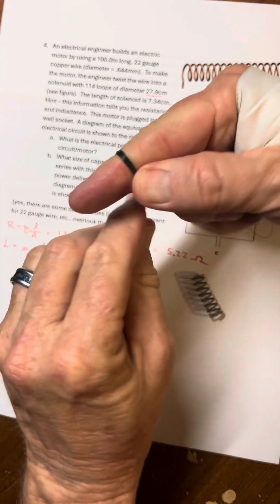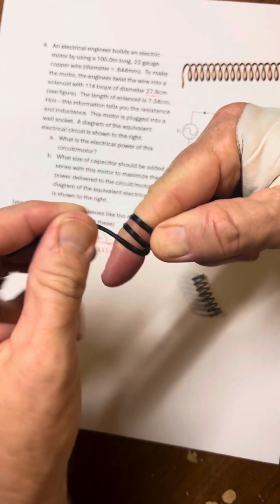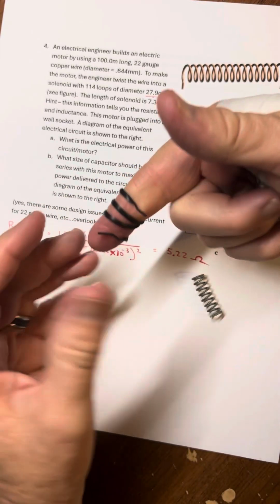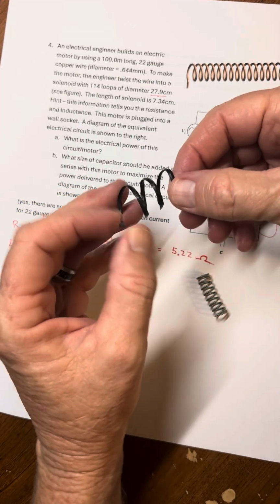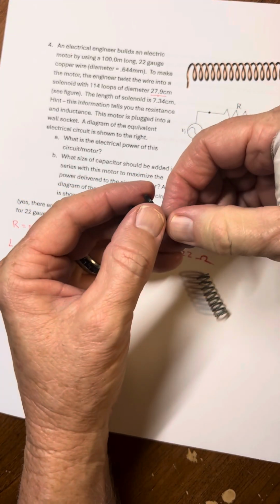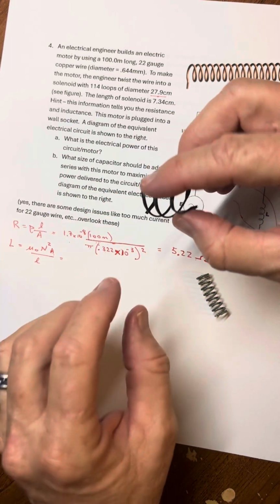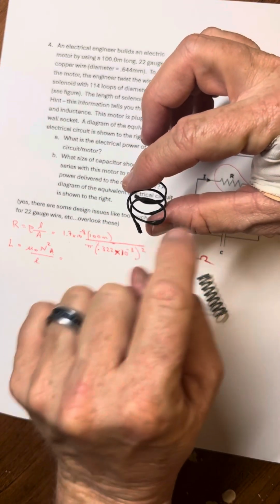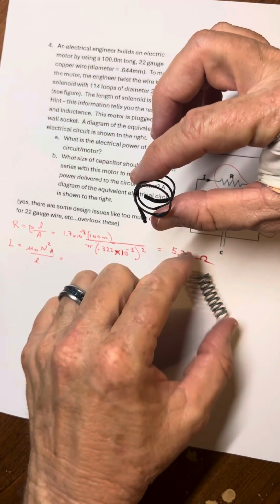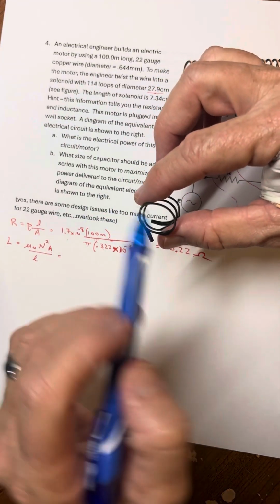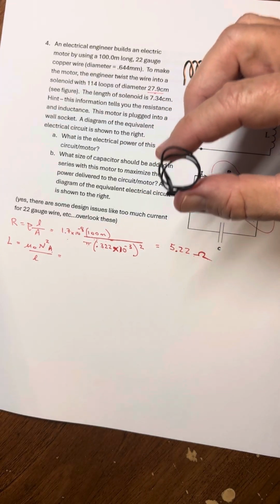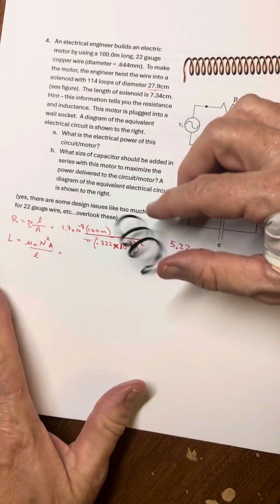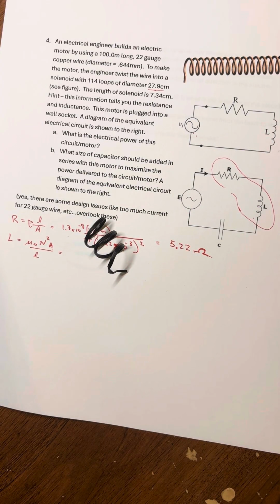But now, as I wrap it into a solenoid, we're talking about the magnetic flux through this area. So we're talking about an area that has to do with the diameter or the radius of our solenoid.